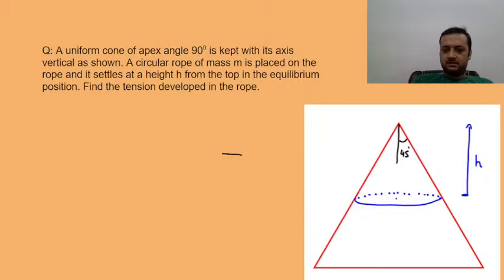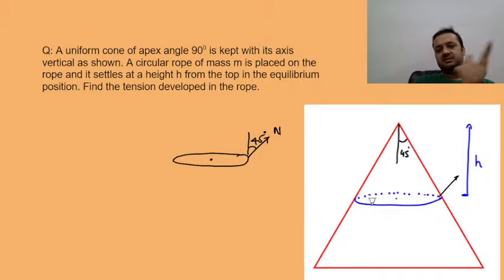What are the forces acting on this rope? A normal reaction will be acting at an angle of 45 degrees with the horizontal, or at 45 degrees with the vertical. You might feel that there will be two normal reactions, one from this side and one from the other side. It's not like that.